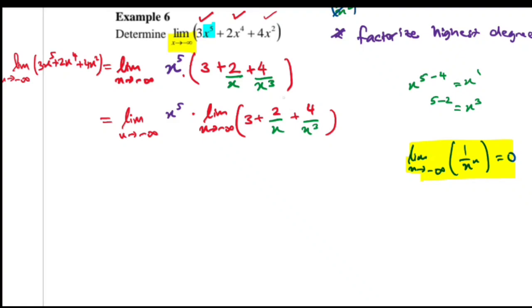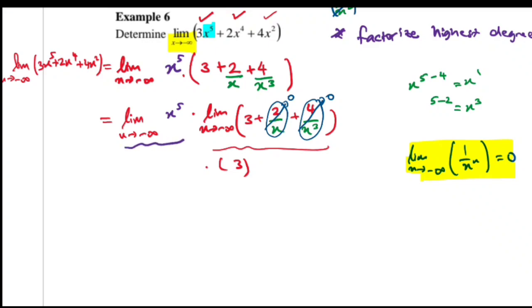So here you see that function. So this means these two functions, the value of the limits will approach 0. So here what's left is just positive 3. And positive 3 is multiplied with the value of the limit for x power 5.